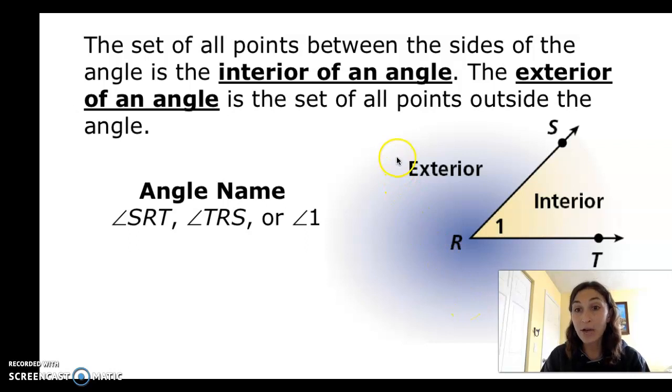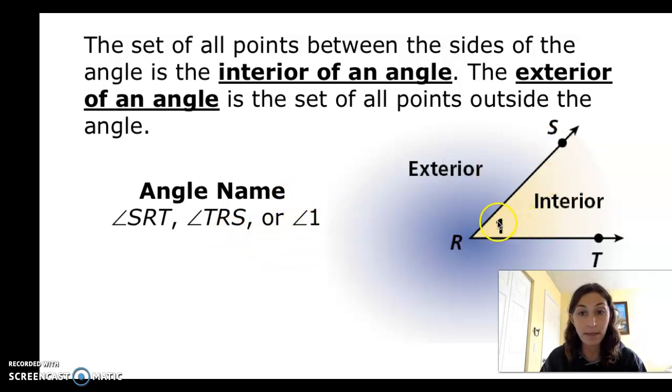When you name an angle, I will always put the angle symbol in front of it. That means I'm talking about an angle. So I can call this angle SRT, as written over there. I can also call this angle TRS, and I can call this angle by a point in the interior.